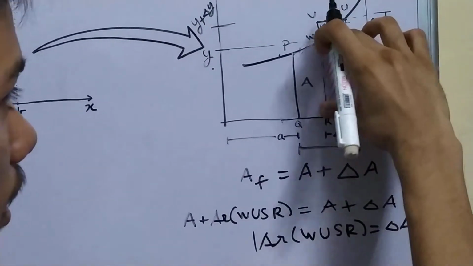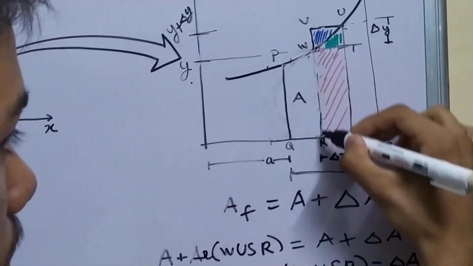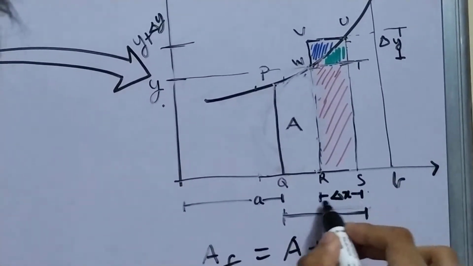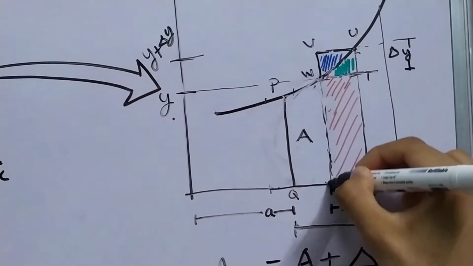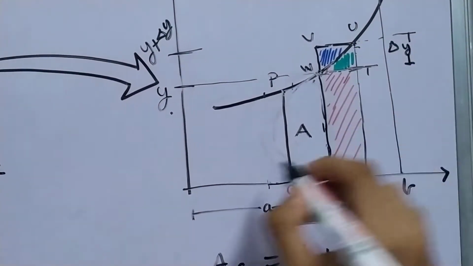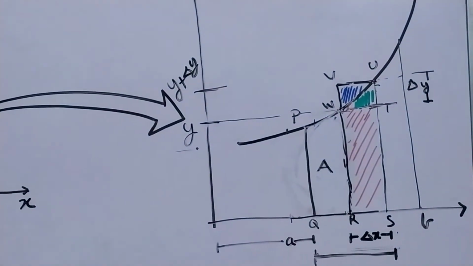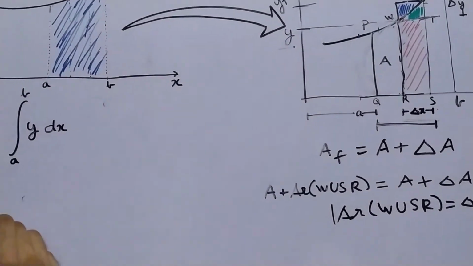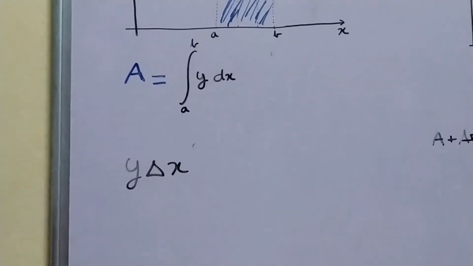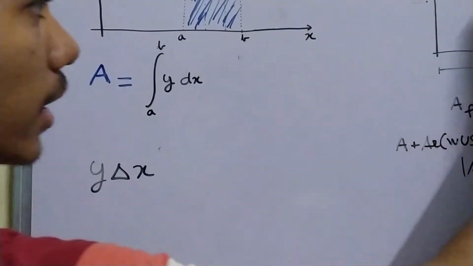Red area is the length of this rectangle times its width. Length of this rectangle is this length, and this is the same thing as y. This is the smallest area: y times delta x. Delta x is your breadth, length times breadth.